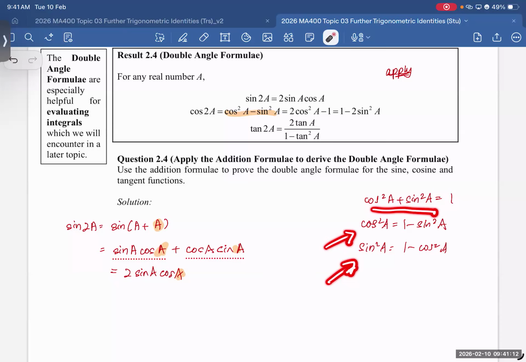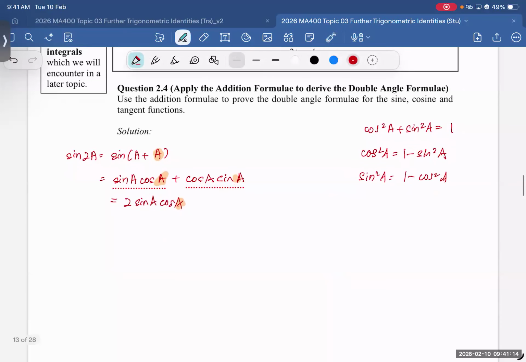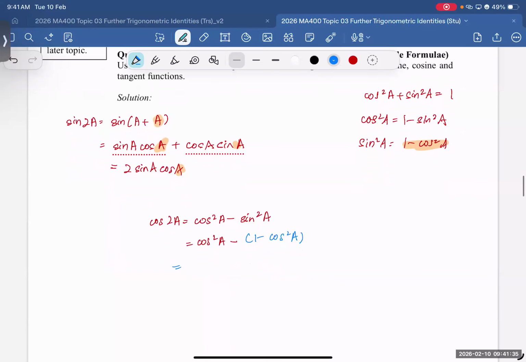Good. Okay. So if you know that cos 2a is cos square a minus sine square a, now guys, apply the first formula. This is the same as cos square a minus (1 minus cos square a), which will give you 2 cos square a minus 1.